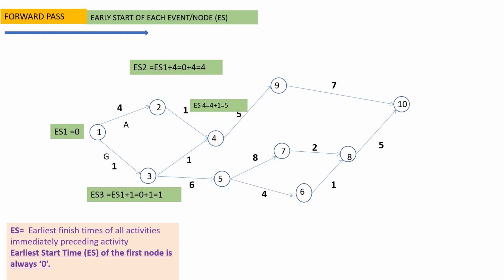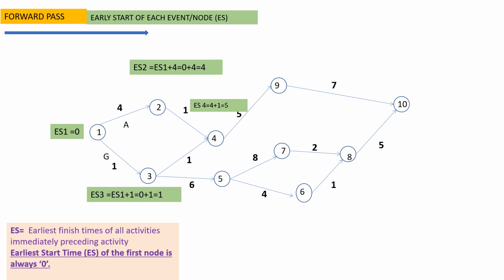Now, for early start of event 4, there are two activities merging at event 4. Those two activities are 2 to 4 and 3 to 4. Now we will calculate early start using both the activities. If you take activity 2 to 4, early start is 4 plus 1, 5.